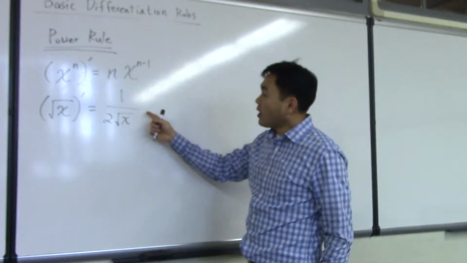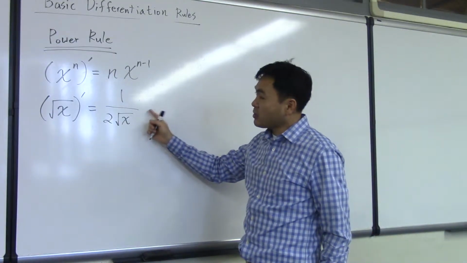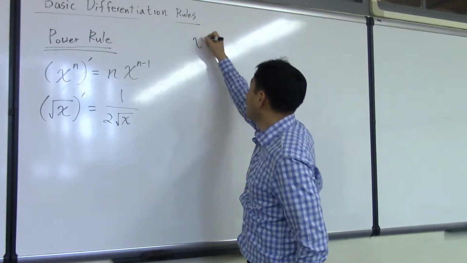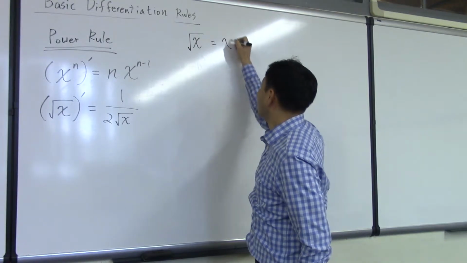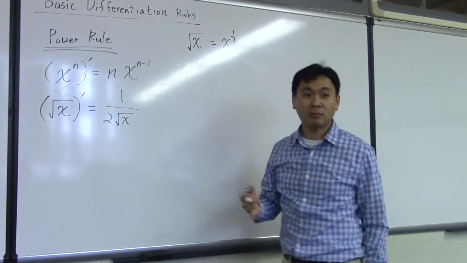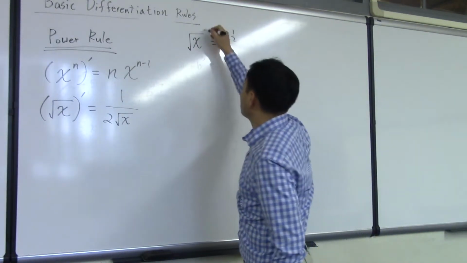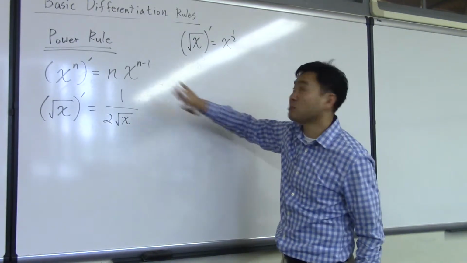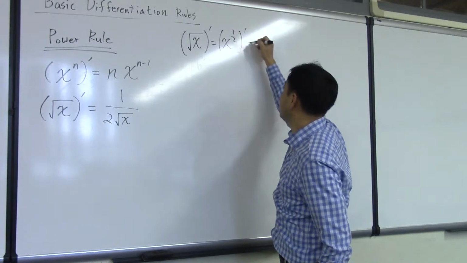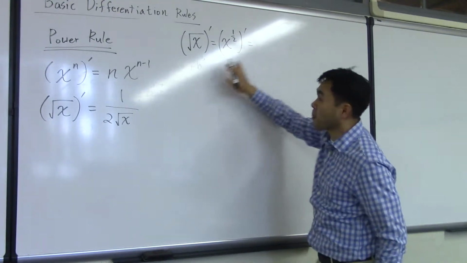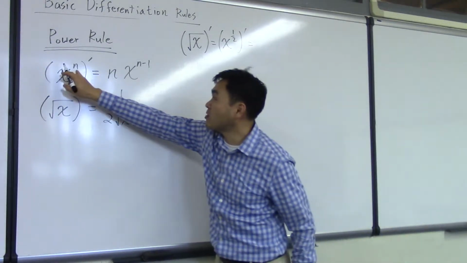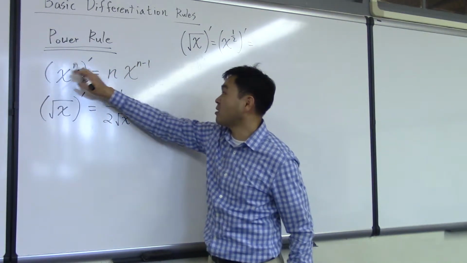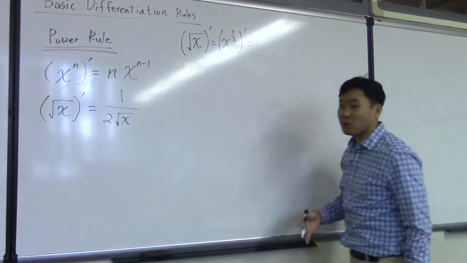Now, you can actually get this using the power rule. How? Because square root of x is equal to x to the 1/2 power, isn't it? Half power means square root. So instead of differentiating this using the limit definition, you can make use of the power rule. It says whatever that number is, it has to hop in front, and the number that you put on the exponent should be 1 less than before.